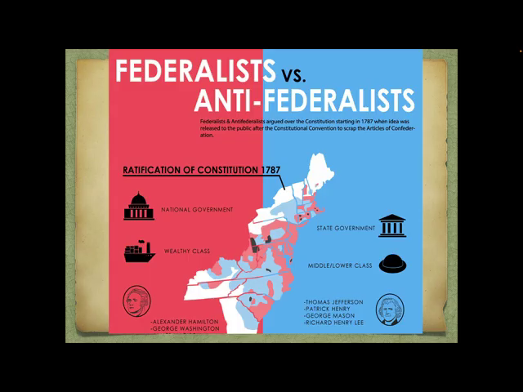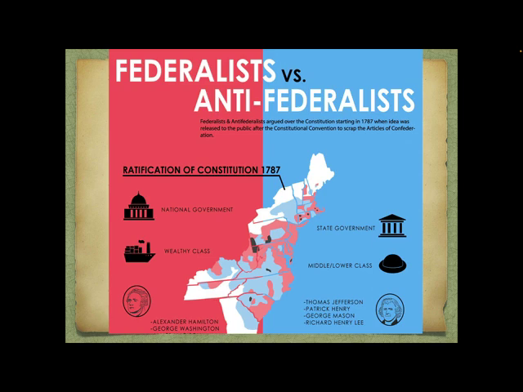And there are going to be 2 distinct groups that are going to form. The Federalists, they want the Constitution, folks. They're all in favor of this new document, this new framework. They're called the Federalists. They want the Constitution. They're in favor of having this new national government framework.